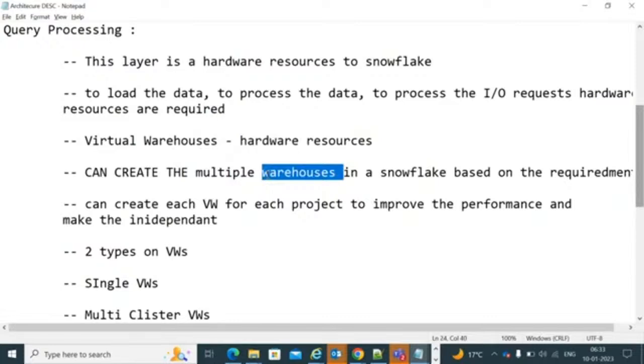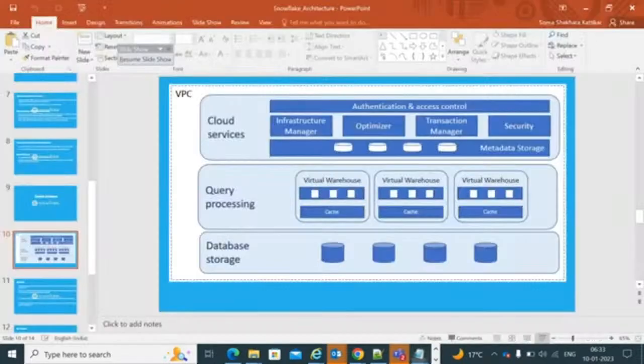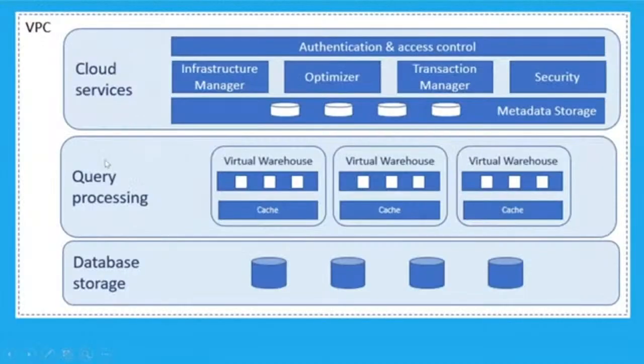Till here you are clear? See, this query processing layer is a virtual warehouse, which is a compute layer and a hardware resource for your Snowflake. It is required to process all the requests in your Snowflake.